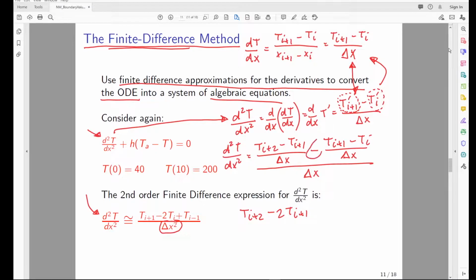And there is a positive, two negatives make a positive, T_i right here, all over delta x squared. All right, so now we're getting very close to the format right here in the bottom left. The last thing we need to talk about is, why is it i+2, i+1, and i, instead of over here, i+1, i, and i−1?